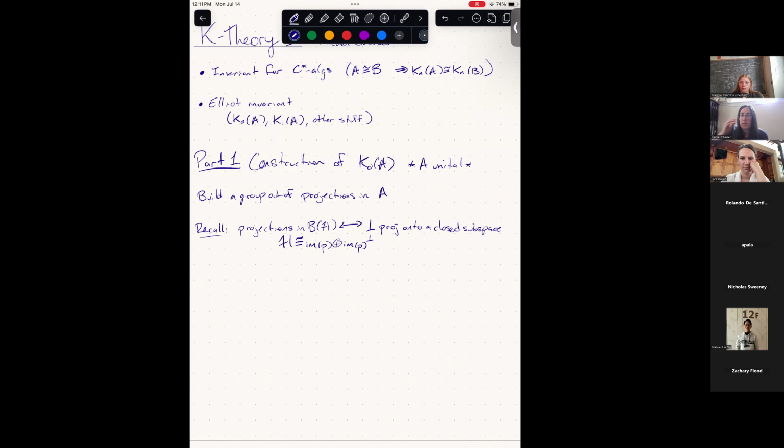And this is a nice geometric framework to think about as we're thinking about projections. So the place that we start is with an equivalence relation on projections.